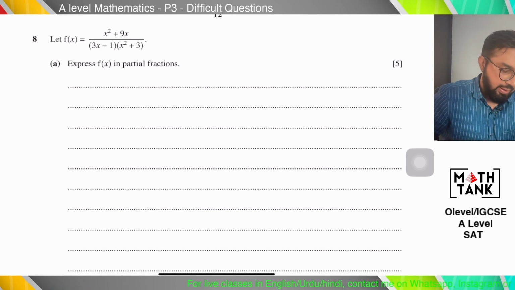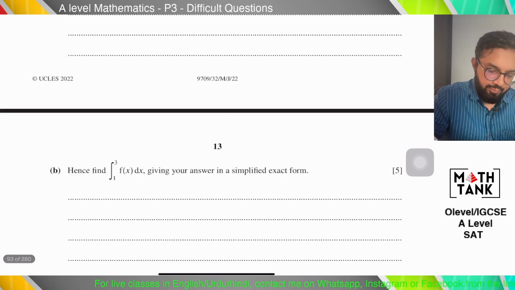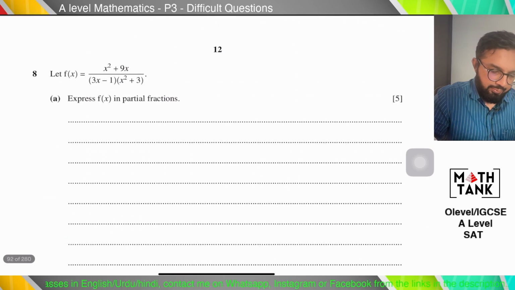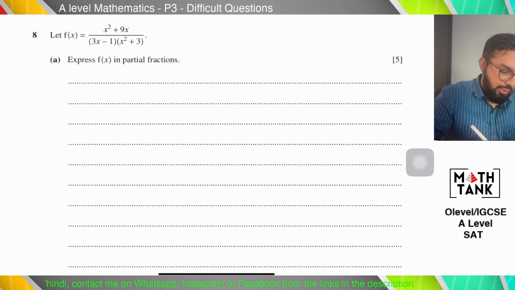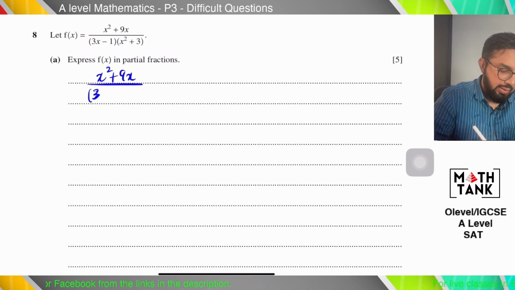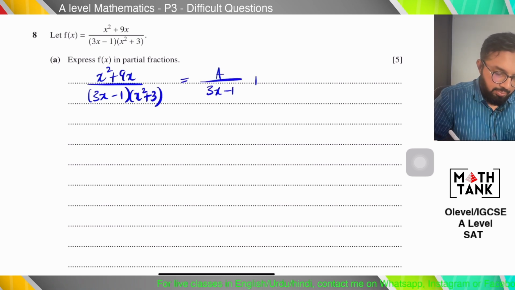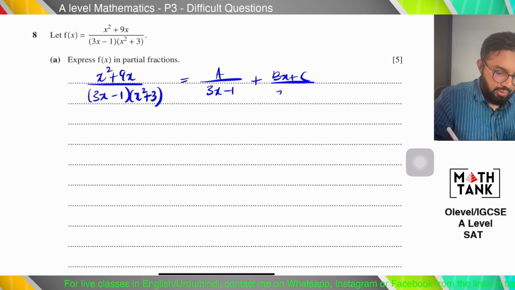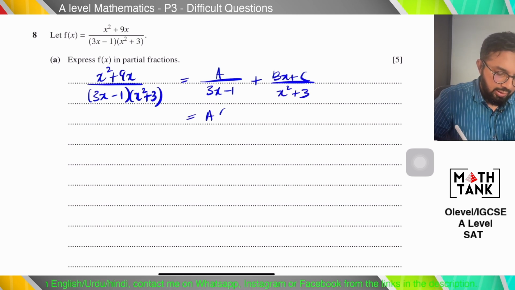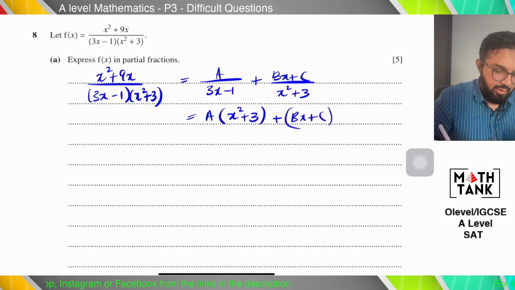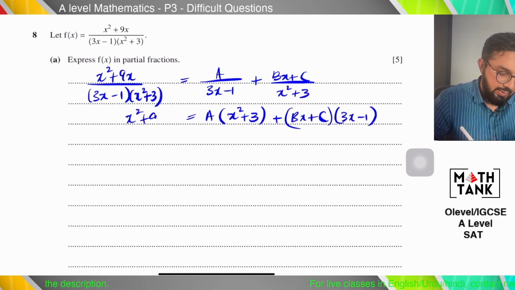There is something that I want to explain to you here as well. So (x squared plus 9x) over (3x minus 1)(x squared plus 3) equals a over 3x minus 1 plus (bx plus c) over x squared plus 3. So a times (x squared plus 3) plus (bx plus c) times (3x minus 1) equals x squared plus 9x.